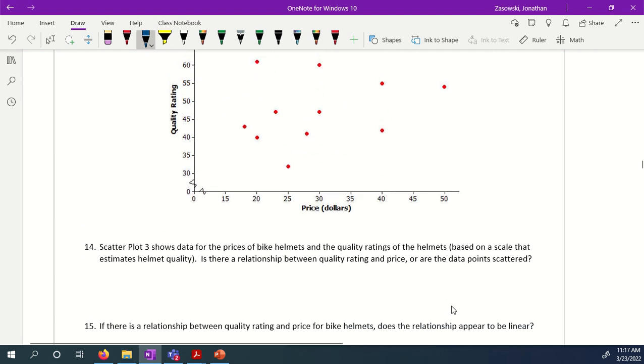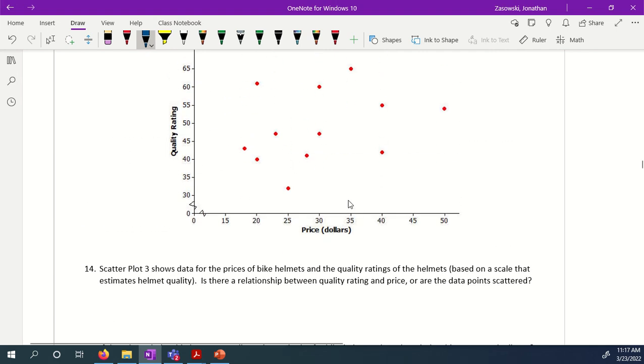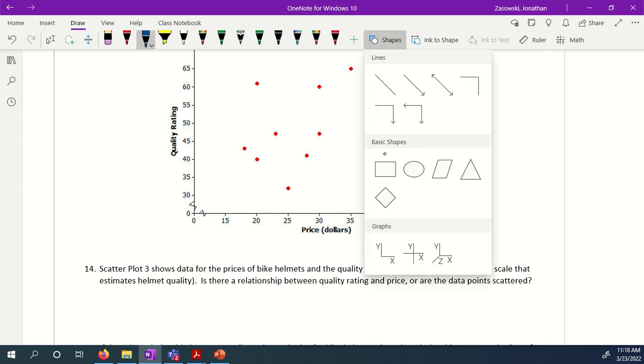So it's kind of hard to see, and I could argue both ways, but I would say that in general, the points down here are lower than the ones that are up here. So I would say there is a slight relationship. And the reason we would say it's slight, or a weak relationship, is because the points don't form a straight line.